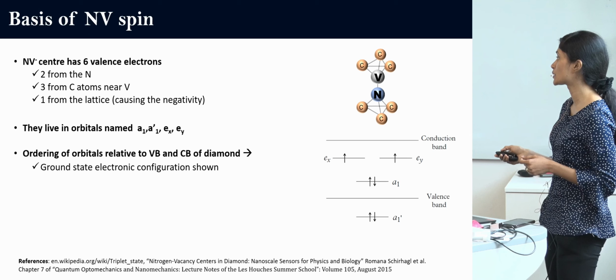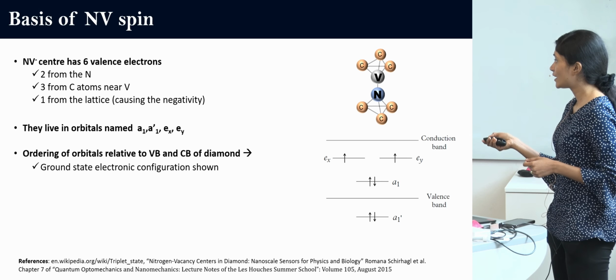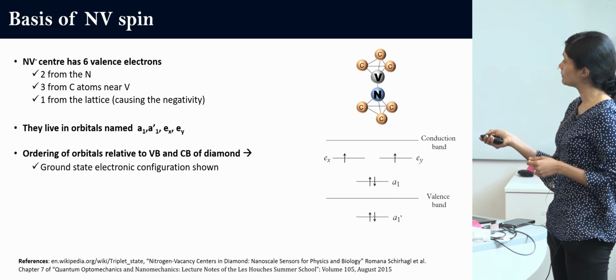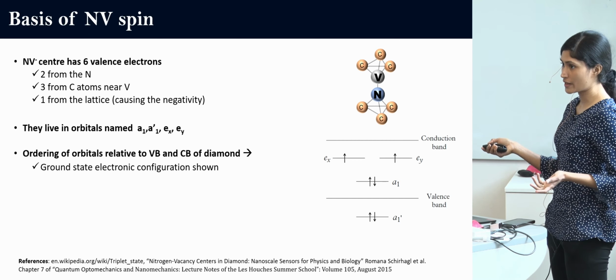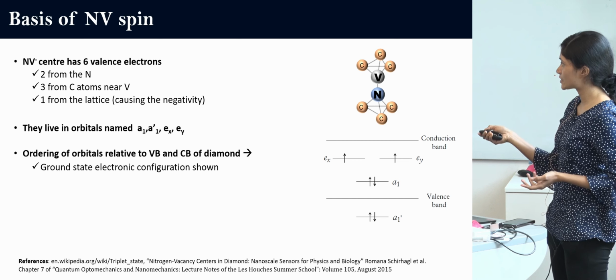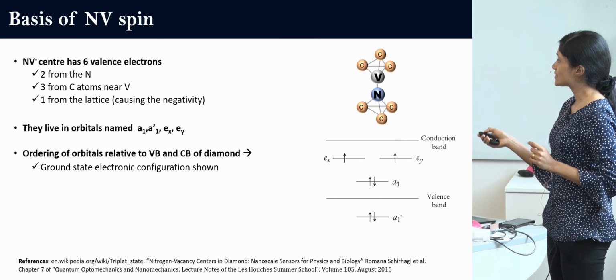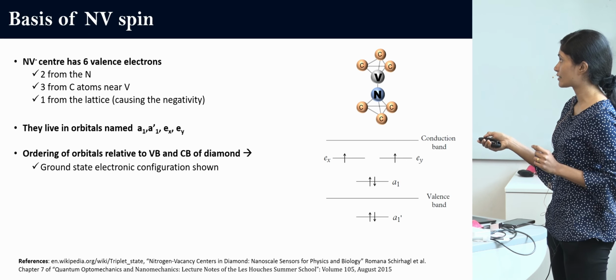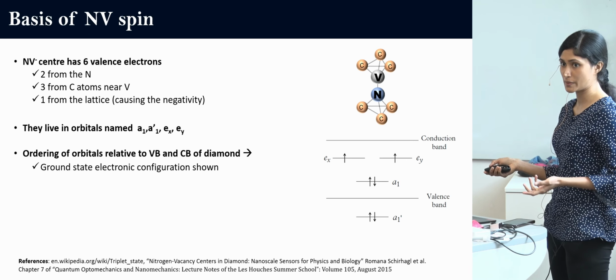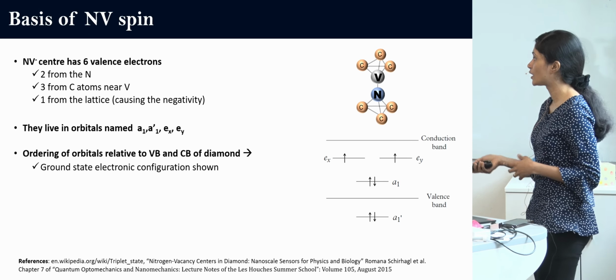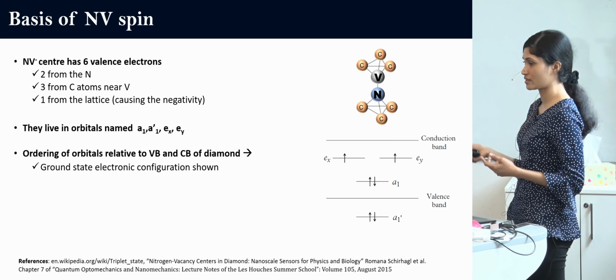Now, if you have a closer look at this configuration, the bottommost A1 orbital has a pair of electrons, and then A1 again has a pair of electrons, and EX and EY, these two degenerate orbitals, have only one unpaired electron each. And it's the spin of these two unpaired electrons that contributes to the overall spin of the NV Center, or the overall spin angular momentum or magnetic orientation of the NV Center.